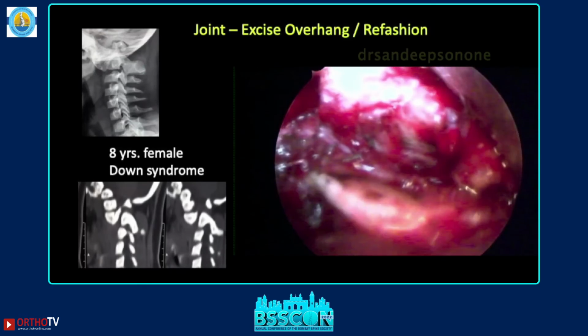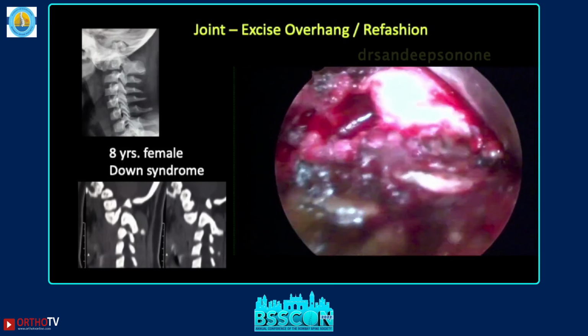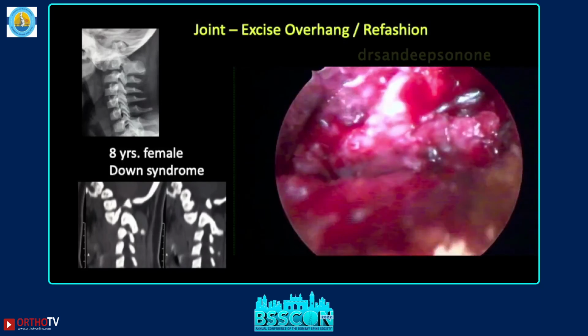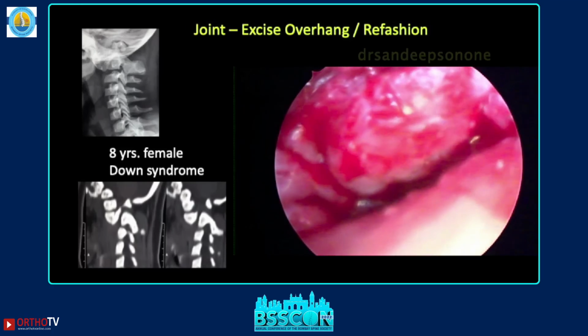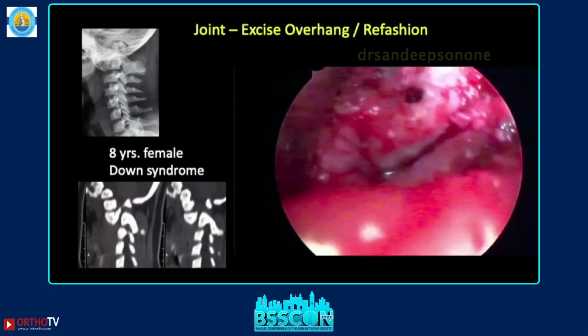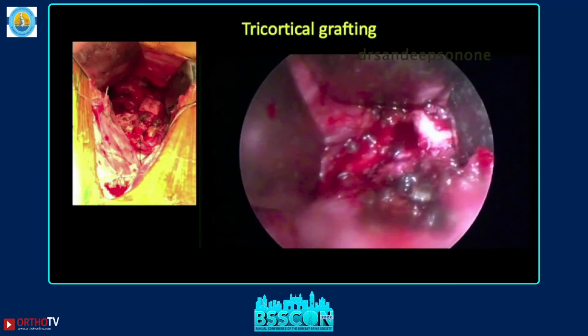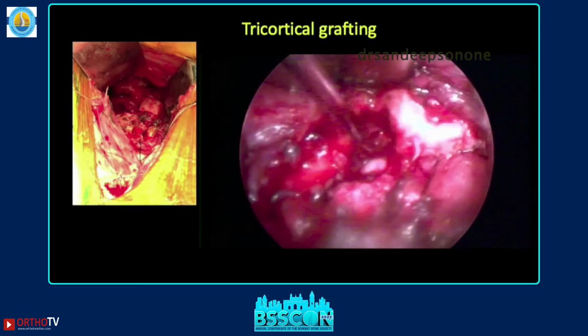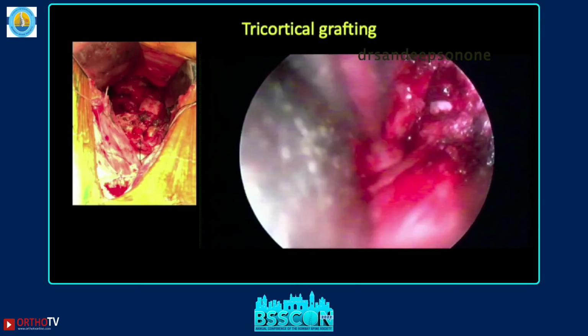In resistant cases, there is presence of osteophytes anteriorly, especially in dysplasia of the facet joints, which we usually encounter in congenital cases. It is important to refashion these joints by removing the osteophytes, excising the overhang, and then approaching the joint. In most of these cases, I usually insert a tricortical graft which has a dual purpose.